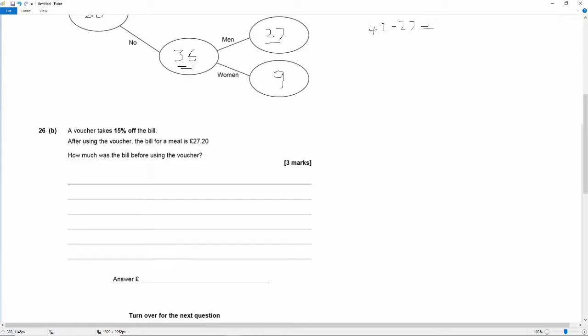We don't know how much the bill was, so let's call it B for bill. If we take 15% of B, so that's 15 over 100 times B, all of that is going to come to £27.20.